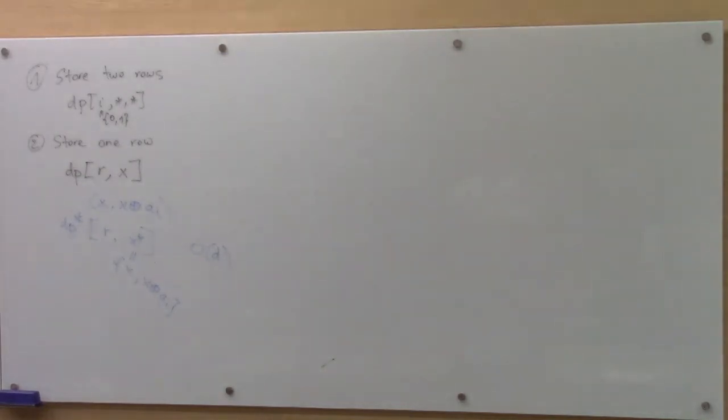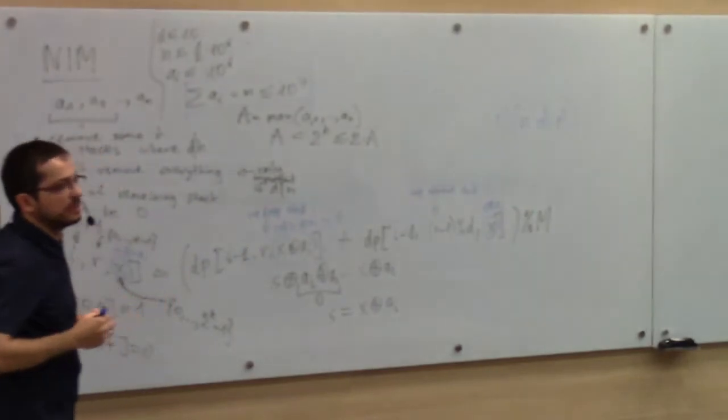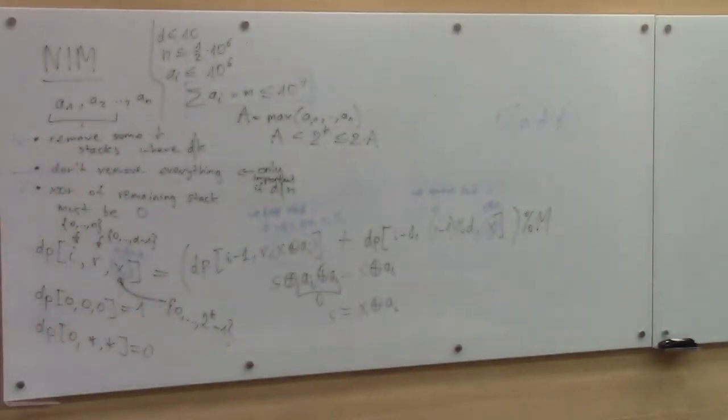This XOR could be really big, but fortunately we still have one constraint from the problem which we didn't use at all, and this is the constraint of the total sum of the sizes of the stacks, and we didn't use it yet.